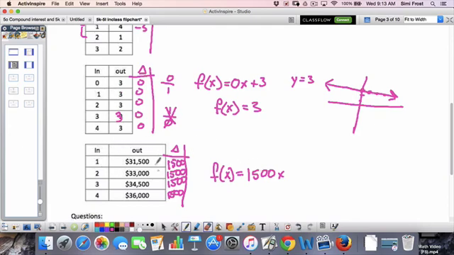Well, we're not given where y is 0, but if going this way, I have to add 1,500 each time. If I wanted to go up 1 and make 0, then 31,500 minus 1,500 would give us 30,000. So our y-intercept is 30,000.